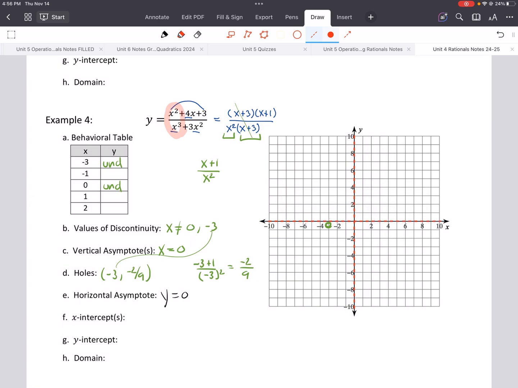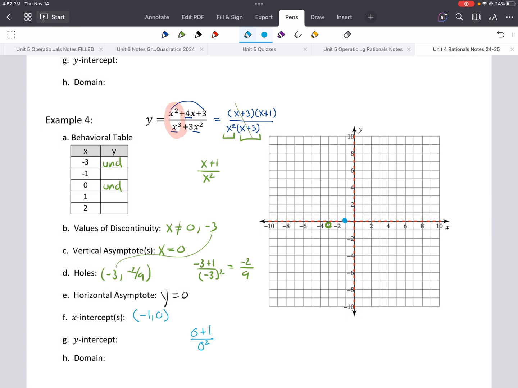All right, and then x-intercepts, let's do x-intercepts. So what makes the top 0 after you cancel out would be -1. So -1, 0. We could plot that right about there. Okay, and then the y-intercept, we plug in 0 for x, so 0 plus 1 over 0 squared.